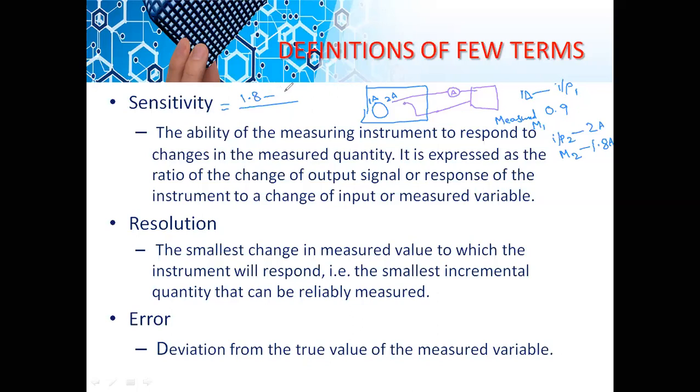M2 is 1.8 and M1 is 0.9, divided by input 2, which is 2 ampere, minus input 1, which is 1 ampere. So which is going to be 0.9 by 1, or it is 0.9. So 0.9 will be the sensitivity.